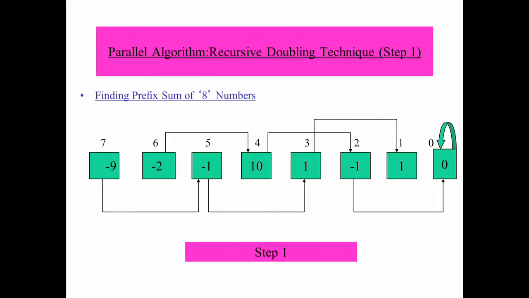So first step, what will happen? This is what happens. Everybody would have read themselves and their neighbor. In the second step, again you see 7 will be reading from 5, 6 will be reading from 4, and so on, right? So this processor will read minus 9, then it will read minus 1.